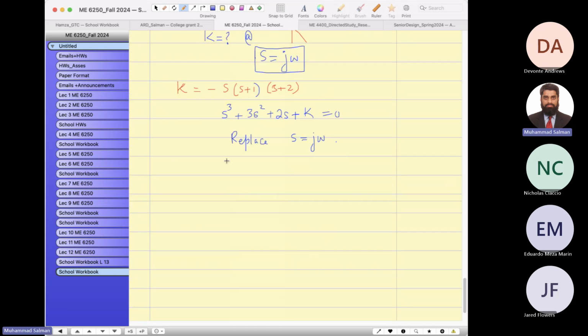So wherever you see s, you will plug in j omega there. So I'm going to replace this into this. This is our root locus equation. Okay, so plus 3 times, 2 times.